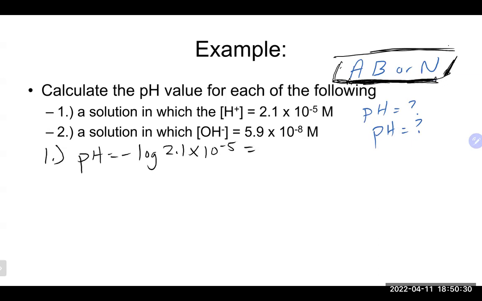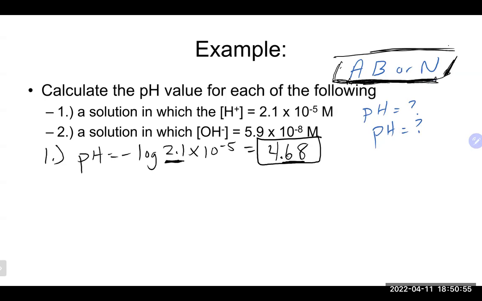So again, punching that in, negative log and 2.1 exponent button, negative 5, is going to yield you a pH here of 4.68, it looks like. Again here, 2 significant figures in the concentration, 2 decimal places here in the pH value.